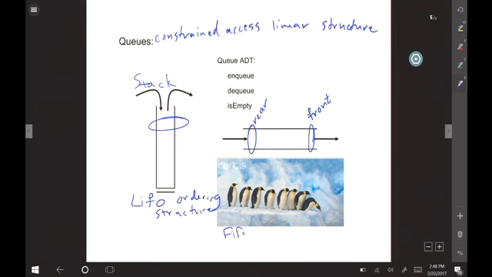So this is a FIFO ordering structure, where this is first in, first out.